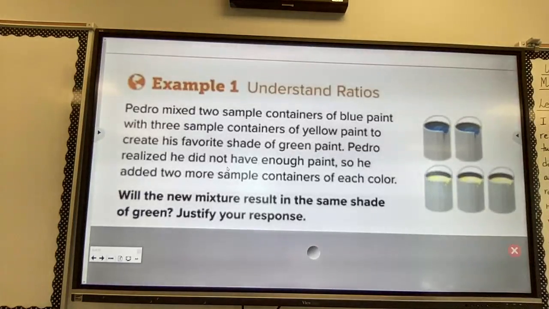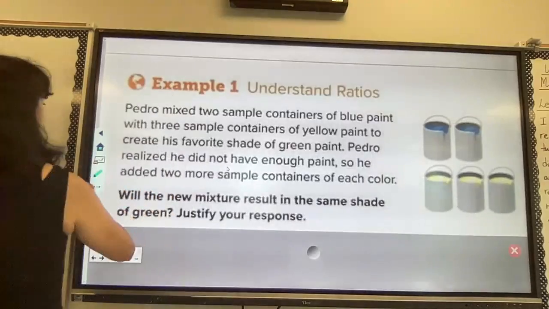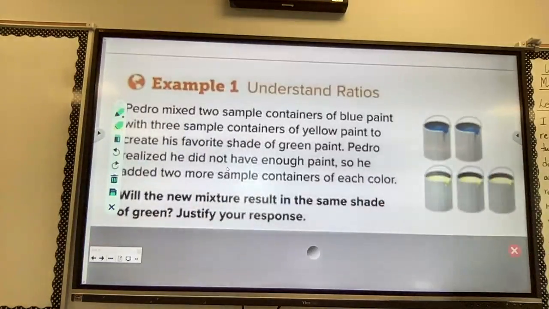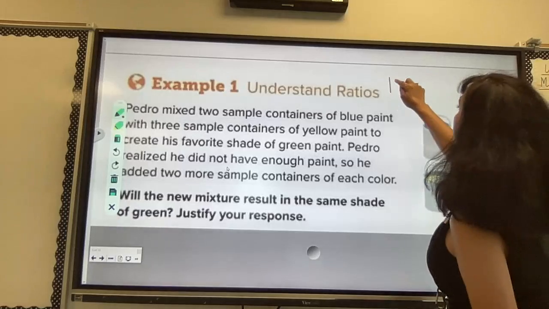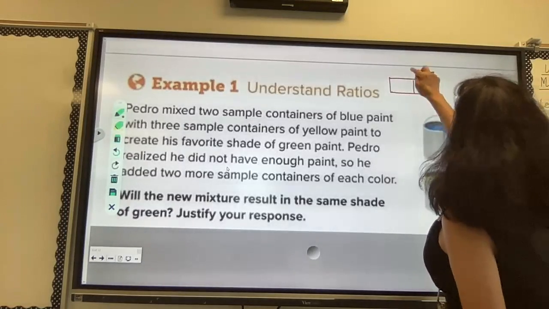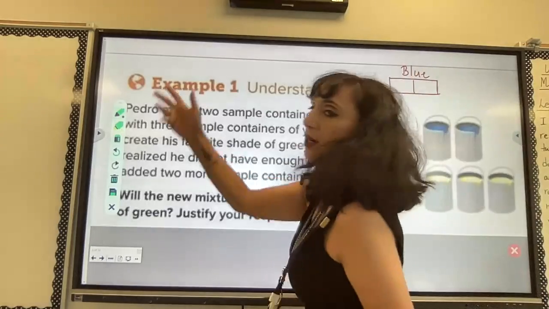And justify your response. Okay, so to create his favorite shade, what does he have? He has a part to part. Okay, so as you can see in this one, we have how many parts of the blue? We have 2 parts of blue. So this is my blue, which I should have done with the blue color, but that's fine.